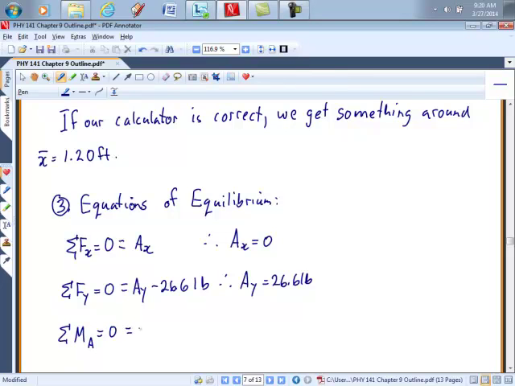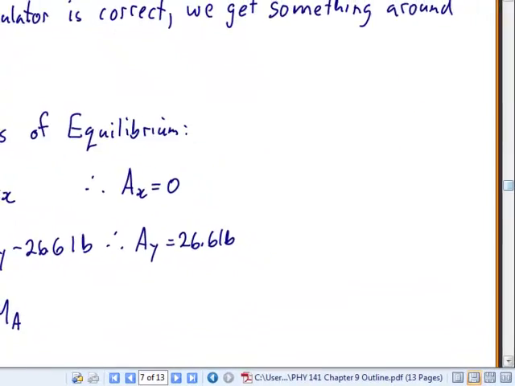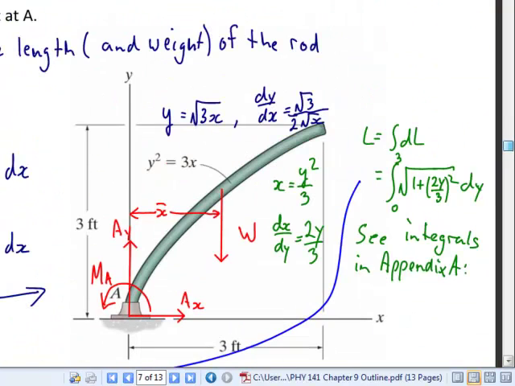One of those moments is the couple moment that we drew in there, so MA. What else is going to produce a moment about A? Okay. The weight times the X bar.